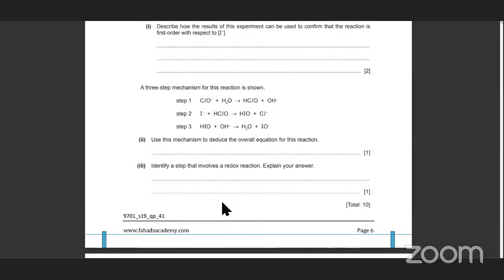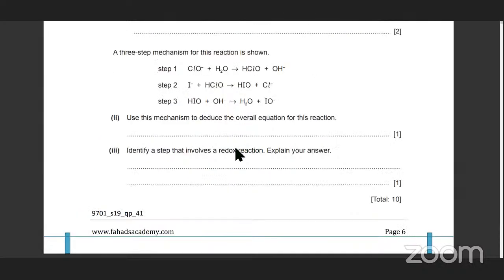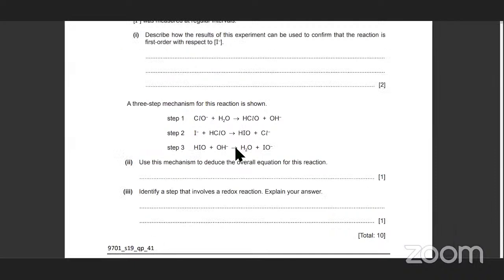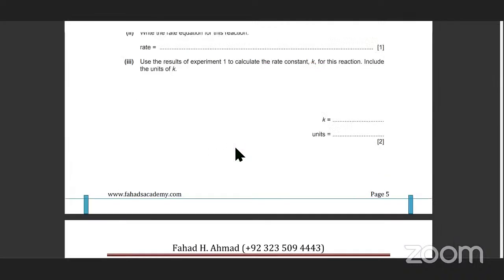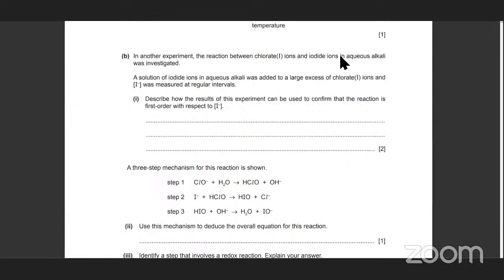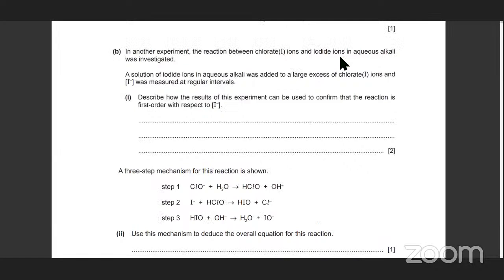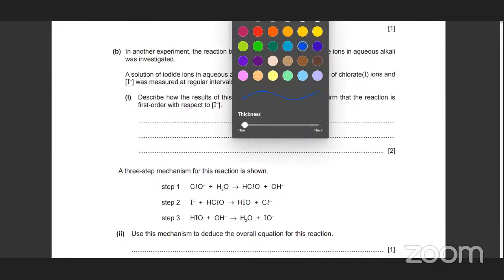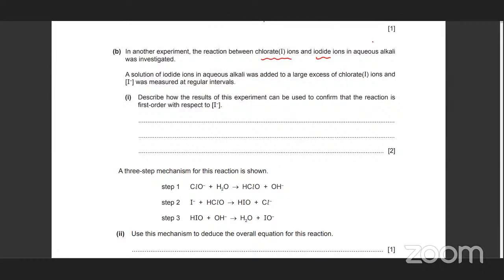So if you've got this reaction that's happening, there's chlorate 1 ions, iodide ions, and OH ions. Based on what they've given us, there's chlorate 1 ions, iodide ions, and aqueous alkali.